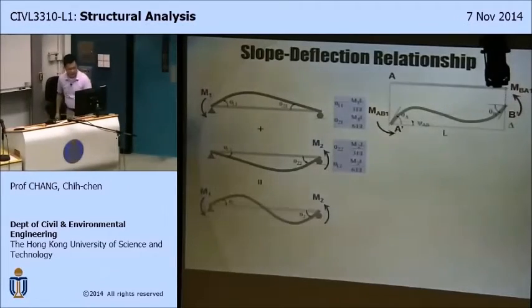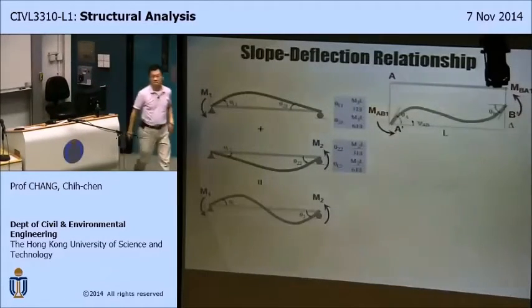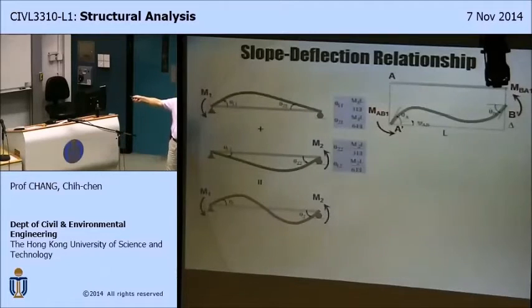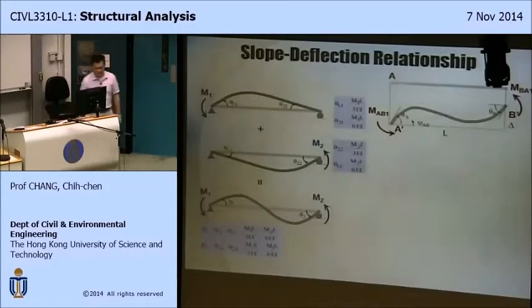Superposition gives you this. M1 and M2, superposition of these two cases. So this angle plus that angle equals that angle. You can combine and come up with these equations.